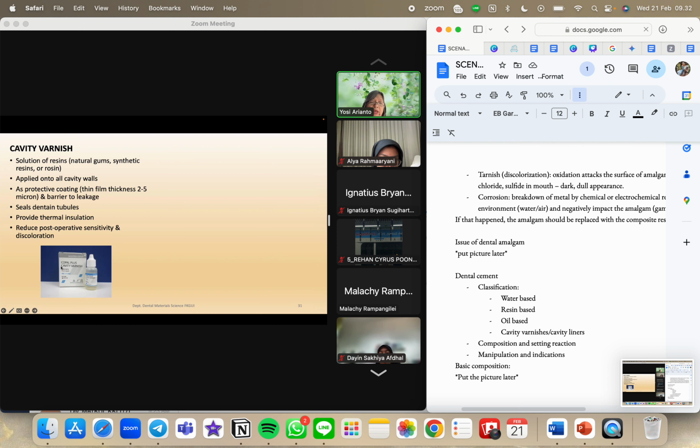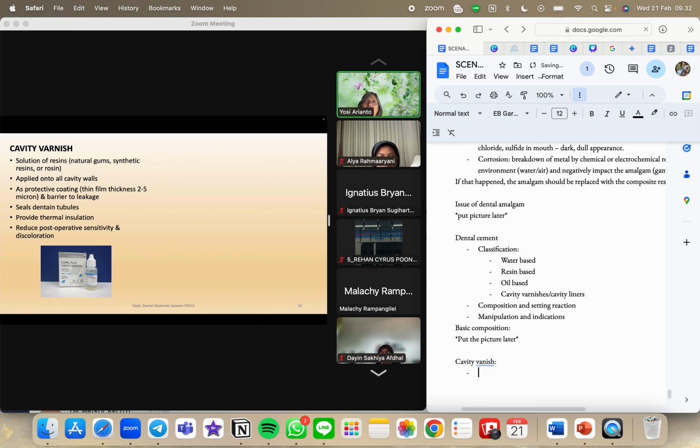Usually the copal cavity varnish is used for dental amalgam restoration, because the dental amalgam, because of its metal, silver, mercury, sometimes will stain the dentin or the enamel. So we use this cavity varnish.